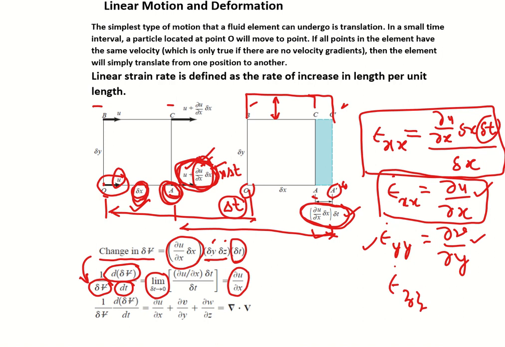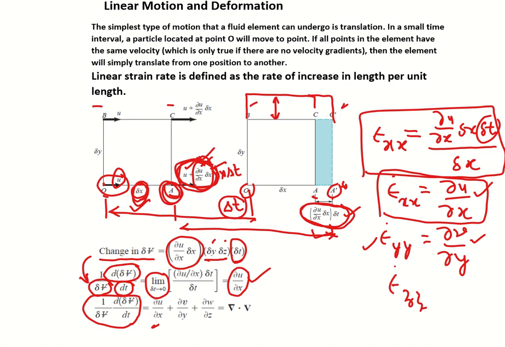Similarly, if we do for y direction, if we do for z direction also, right, in this case, what is the volumetric strain rate? That will be equal to linear strain rate in x direction. This is the linear strain rate in x direction, and linear strain rate may be written in terms of the gradient.